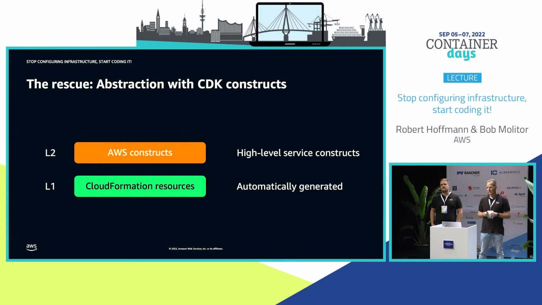That's where we have a high-level representation of AWS services, where we use sane defaults and just use best practices for deploying into our accounts. And for that, we will jump into a demo in a couple of minutes, where we go through the code.